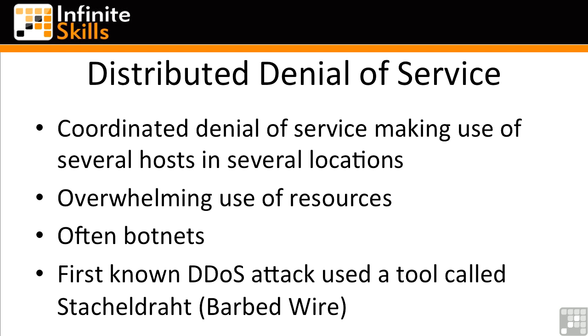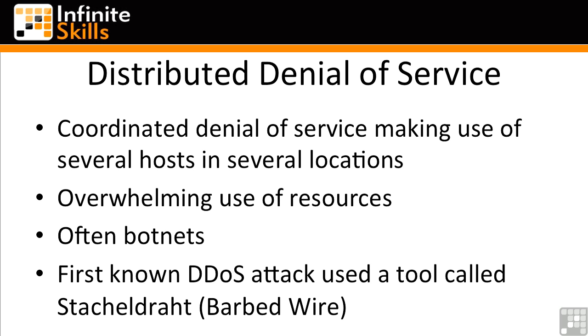The first known DDoS attack used a tool called Stacheldraht, which is German for barbed wire. Stacheldraht came out of some work that a guy by the name of Mixter was doing in 1999. He wrote a proof of concept piece of code called TFN, which was the Tribe Flood Network.